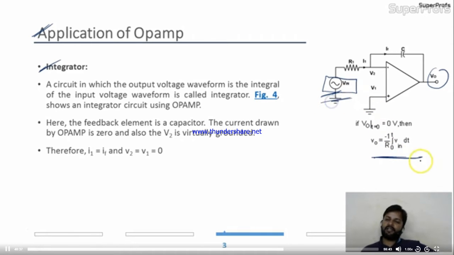Whatever input we are applying will be integrated over the period. So the output is V0 equal to minus 1 by RC, integral from 0 to T of Vin dt.